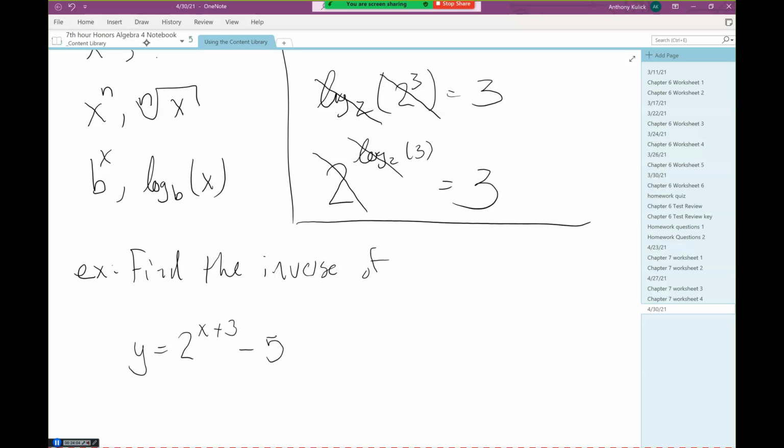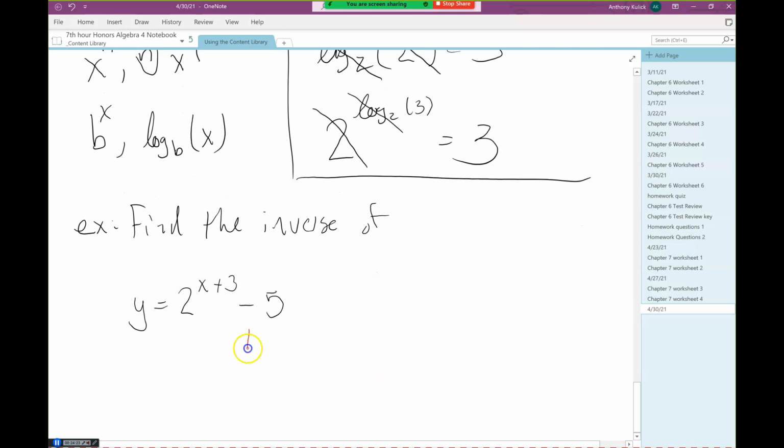And we want to find the inverse for this function. Remember the procedure for finding an inverse. We want to isolate the x, and then we swap the x and y variables, right? So first thing I would do is add 5 to both sides, right? I would assume that most of us would think to do that first.